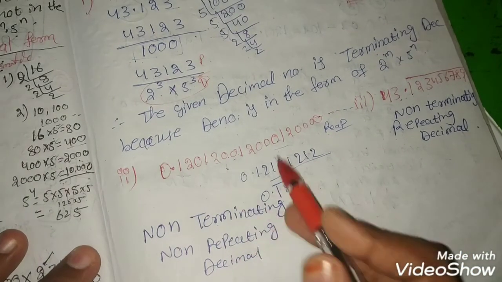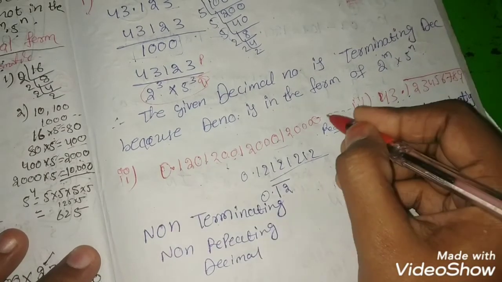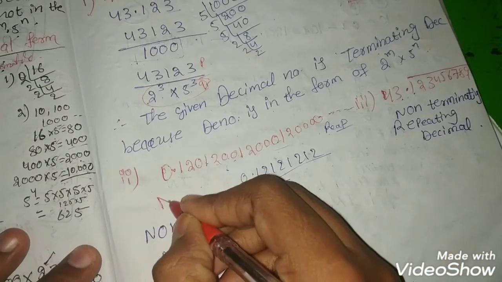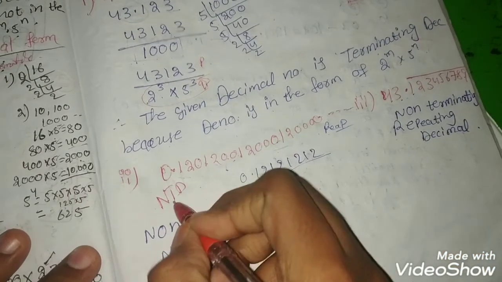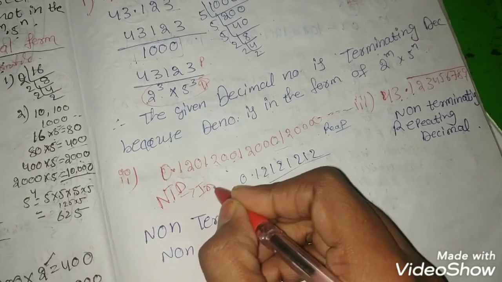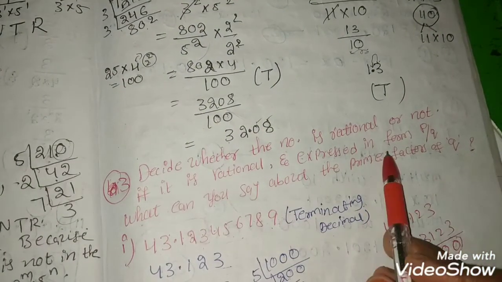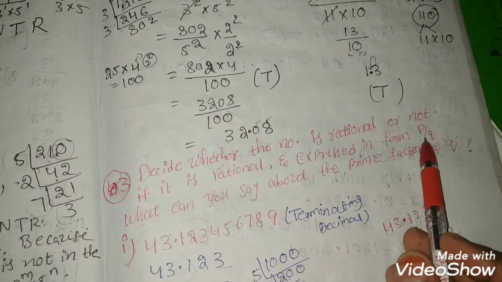This is non-terminating, non-repeating decimal. If it is a non-terminating, non-repeating decimal, what can we call it? This is an irrational number. No need to express in the form of p by q.